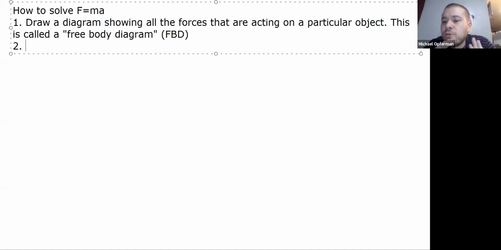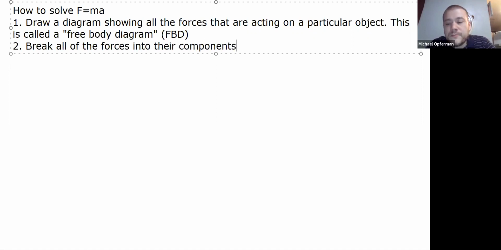Step two of the procedure, once you have your free body diagram, you want to break all of the forces into their components. Using the procedure that we developed a little while ago in the vector section, you draw a right triangle for each vector, break it into its x and y components, and now you have each force an x component and a y component.